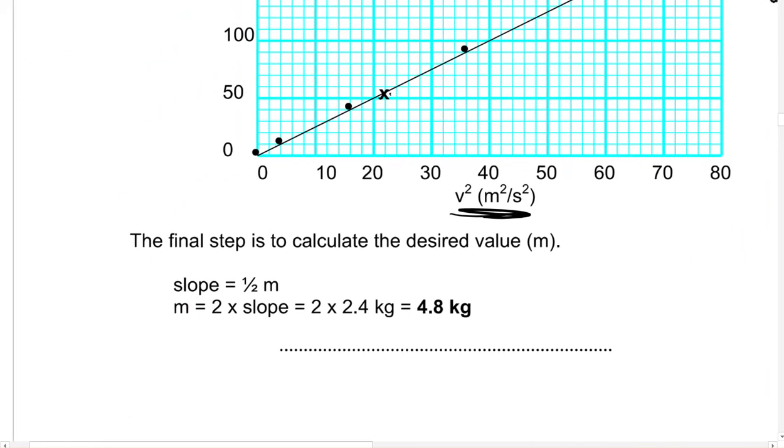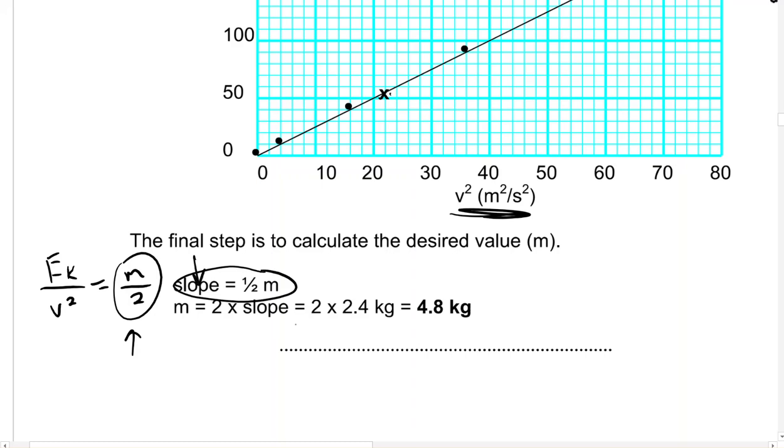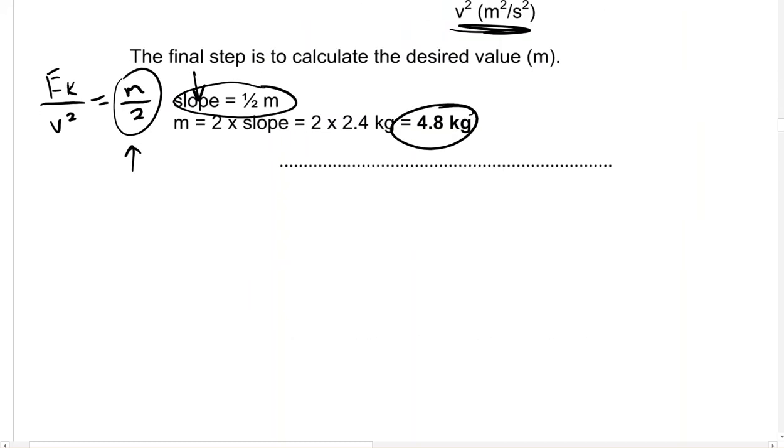But remember, the way I had it written there, EK over V squared is equal to M over 2, or 1/2 M. So that's my slope. So in the end, if my slope is what I figured out there, I still need to multiply that by 2 to figure out what my mass was. Okay, so that's the gist of it.